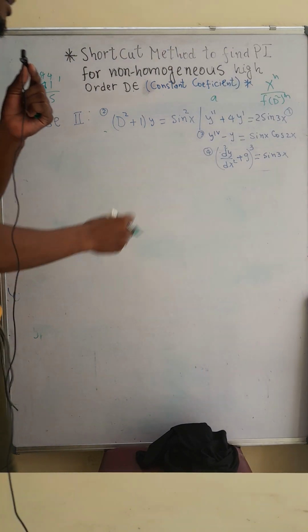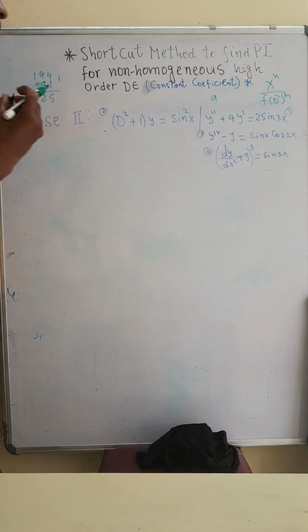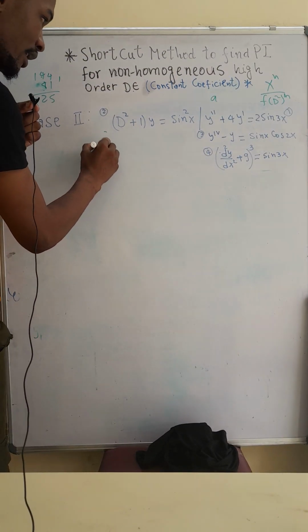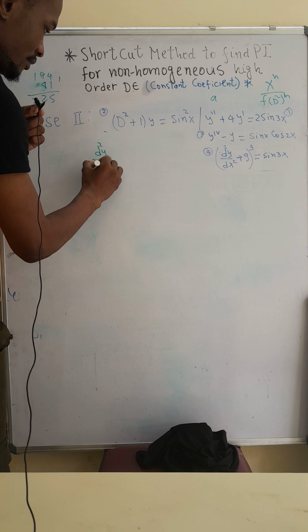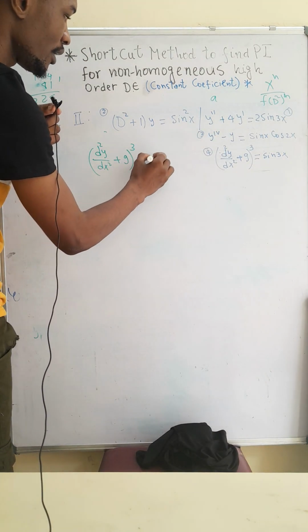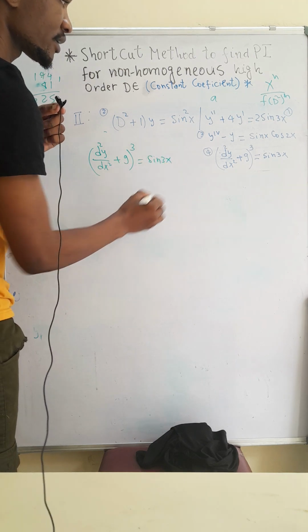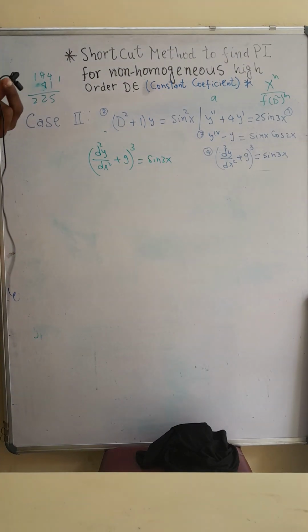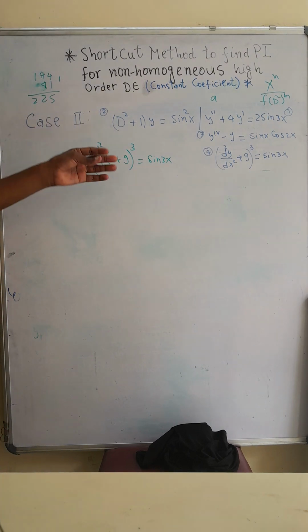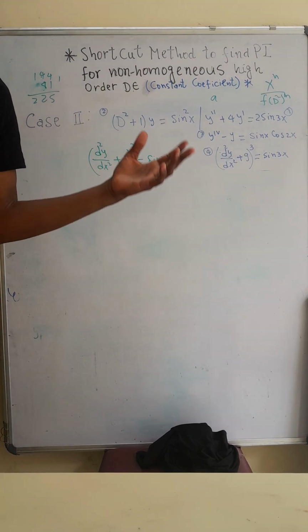Okay, this last equation here, like we can see, this is d square y plus 9y, and here q is equal to sin 3x, right? If you see closely, you will see that this equation is repeated many times.